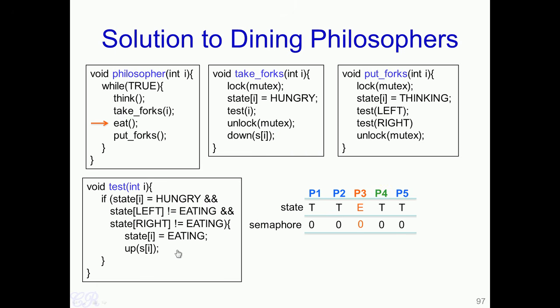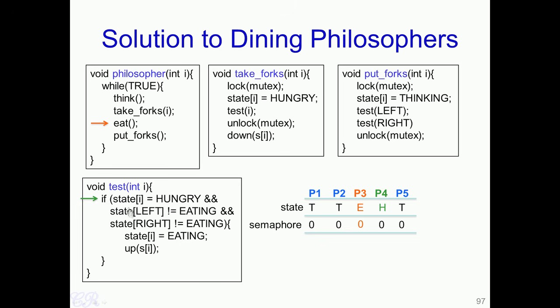Now, let us see another situation where philosopher 4 moves from the thinking state to the take forks state. Now, take forks gets invoked for philosopher 4 here, and there is a lock mutex. The state is set to hungry for philosopher 4, and test(i) is invoked.